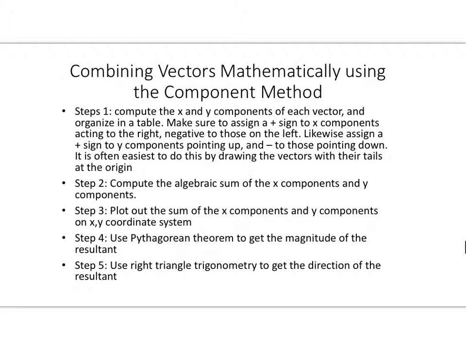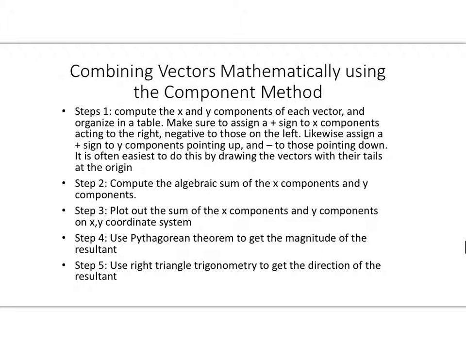A very important point here is to make sure that you assign a plus sign to an x component that's acting to the right and a negative sign to the left, and then for the y components, positive for up and negative for down.